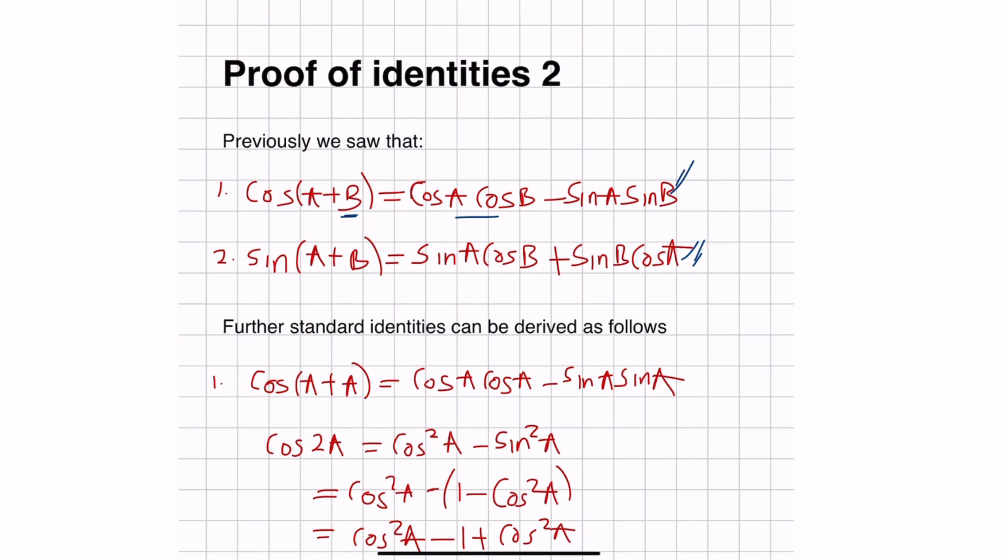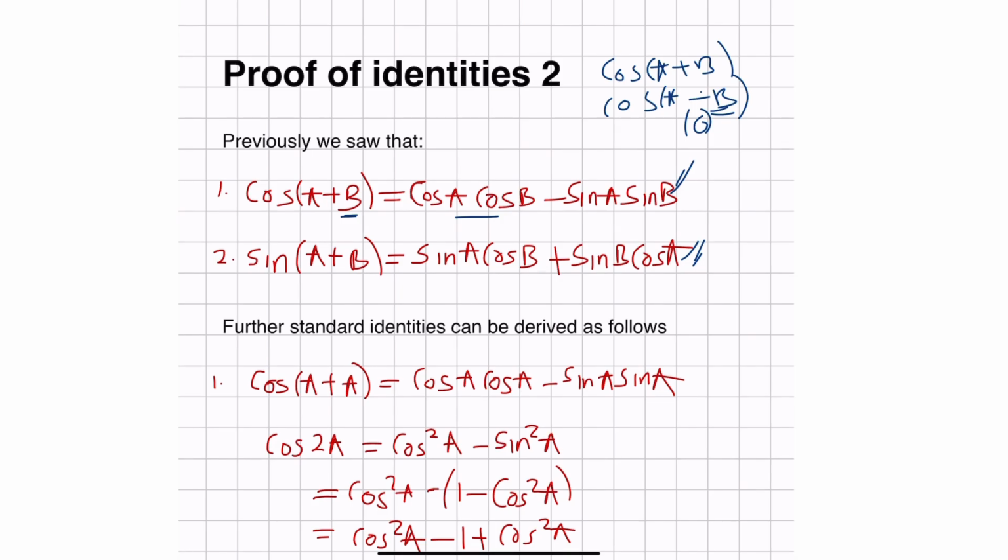Remember that the other time we had cos of A plus B, then we also had cos of A minus B. If we've got a similar term on the second part here, we're going to get 0. So we're only going to be able to do it on identities where we've got a positive sign, because if we've got a negative sign, we're going to get a 0.